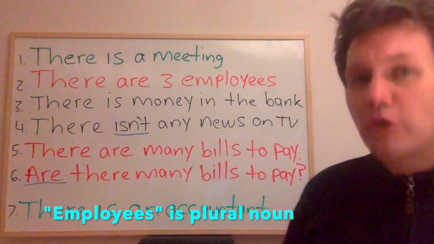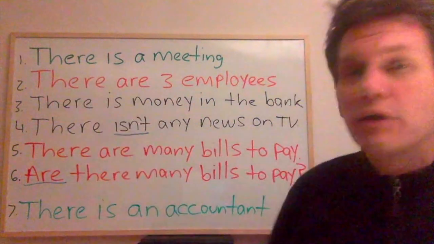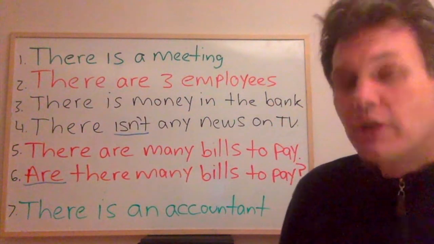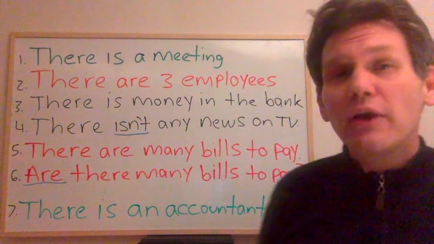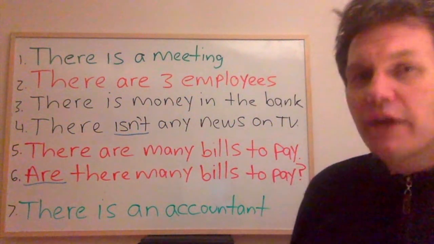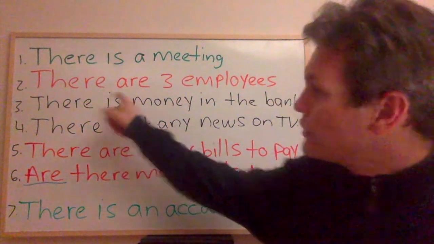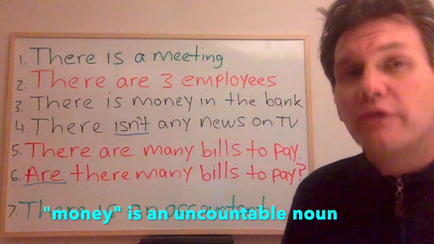Employees is a plural noun, so we are going to use the there are plural form. Number 3, there is money in the bank. Money is an uncountable noun, so we are going to use the singular there is form.